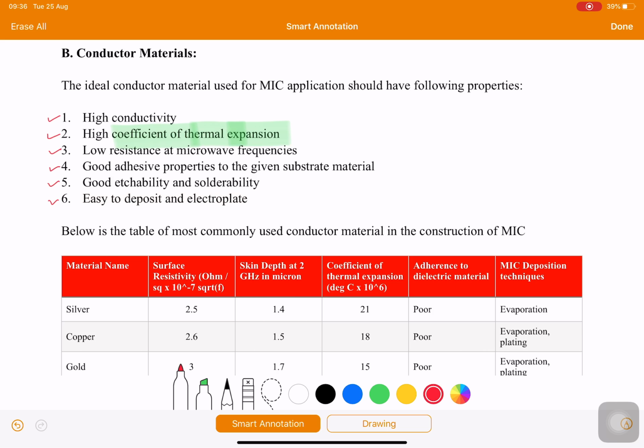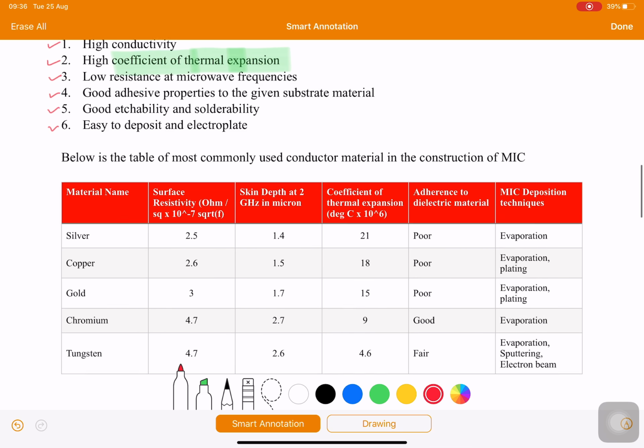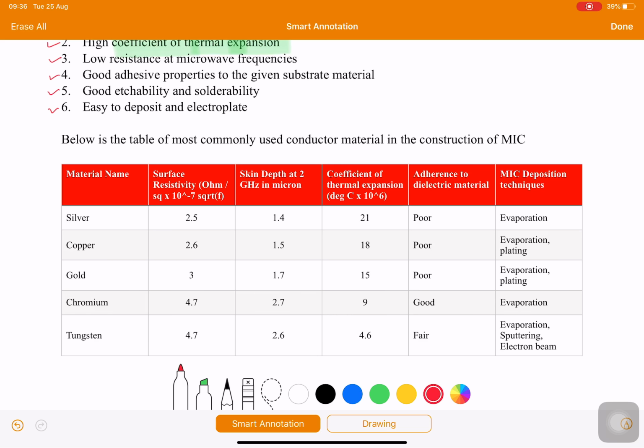Now we are going to see some of the commonly used conductor materials in the construction of microwave integrated circuits, listed below: silver, copper, gold, chromium and tungsten. The surface resistivity offered by silver is minimum when we compare with the other materials.